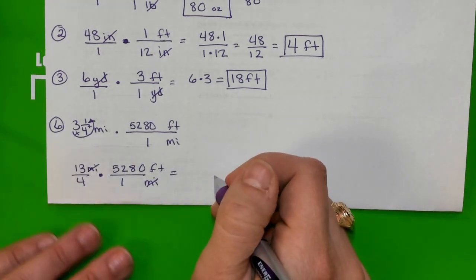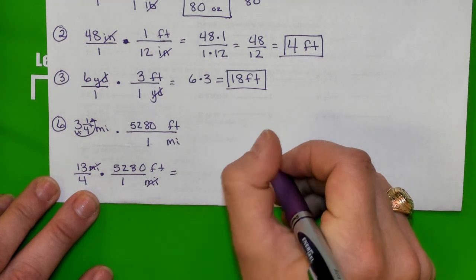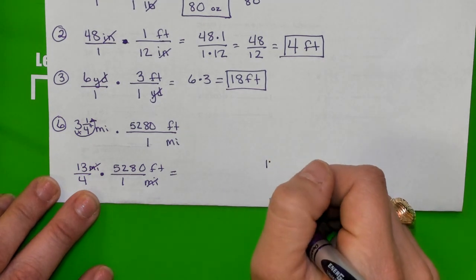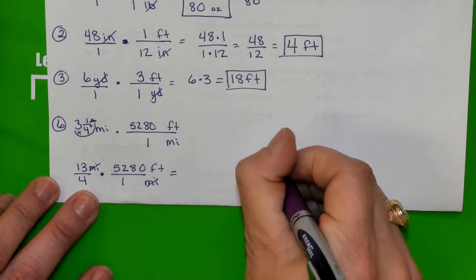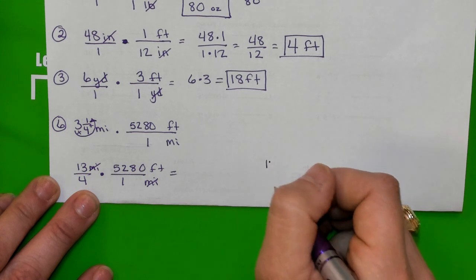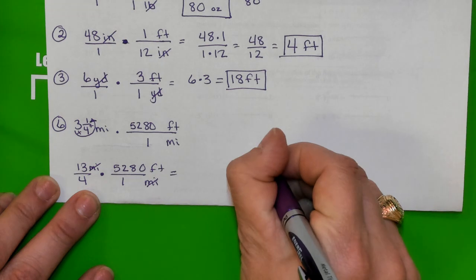And now we have 13 times 5,280, or you can divide first. I suggest dividing first.